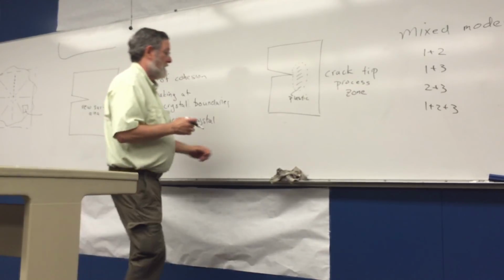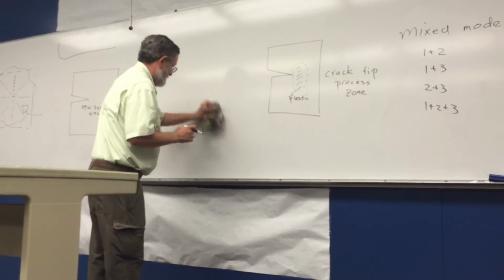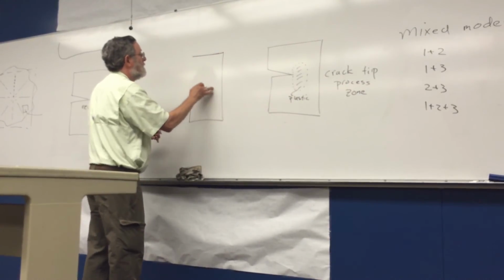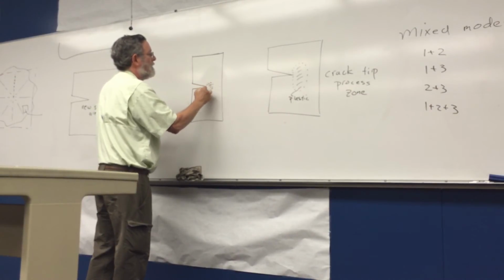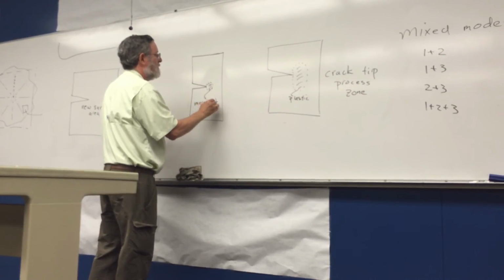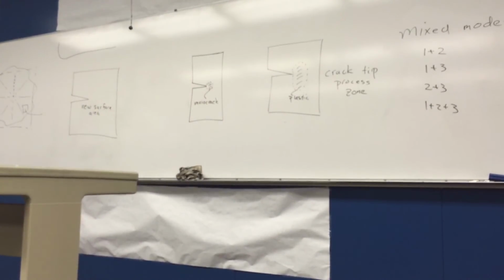I can, instead of having plastic deformation, end up with, and it's drawn a little bit differently, a zone of microcracking, where the material's trying to break, but we're not at the right orientation. Maybe we don't have enough energy, and so it just gets all these little bitty cracks in the system before it finally propagates.